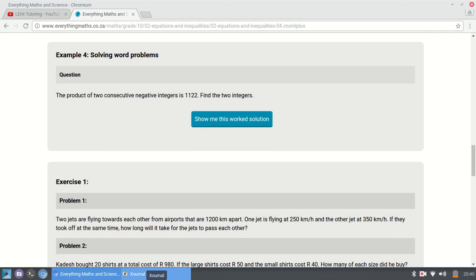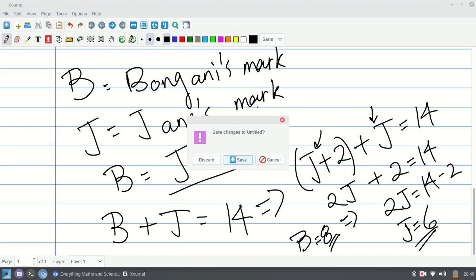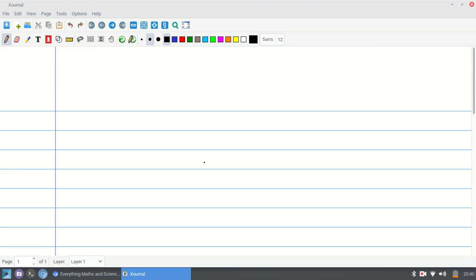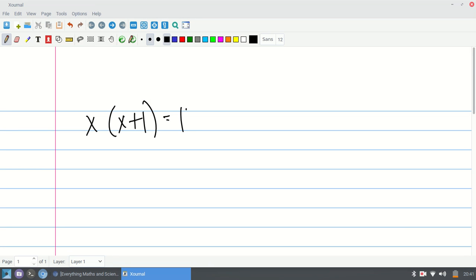So the product of two consecutive negative integers is 1122. Find the two integers. Now there's a generic way to do this question. Basically, if you have two consecutive integers, you can name one of them x, and the other one will be x plus 1. Now this is their product, and it tells me that their product is equal to 1122.